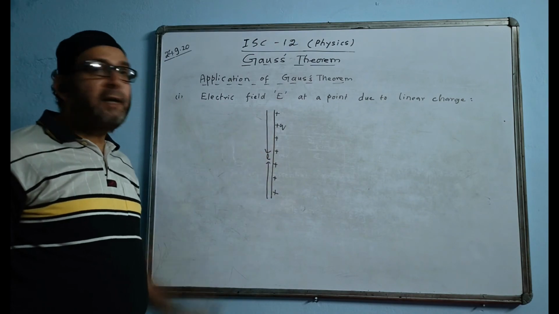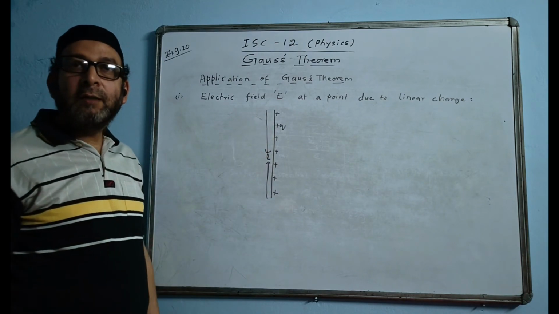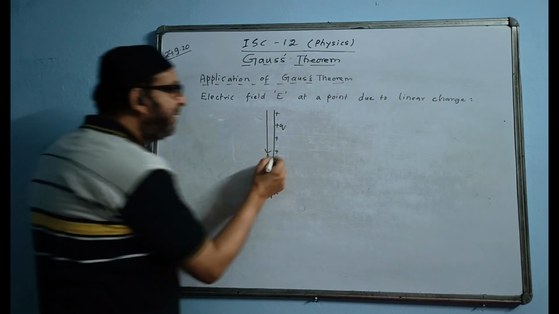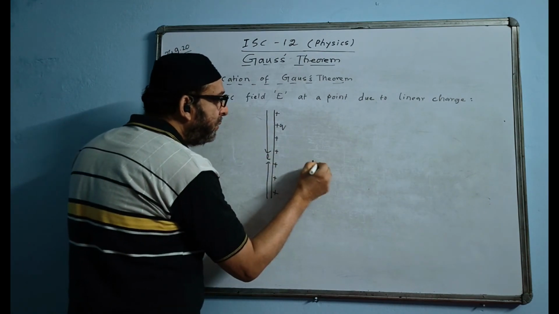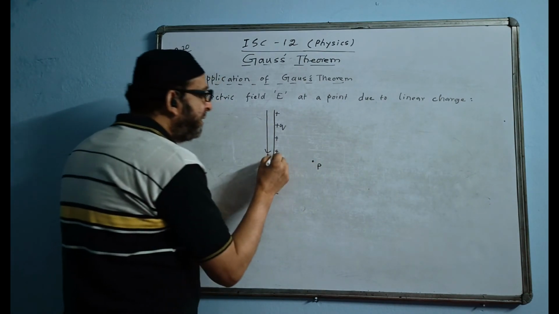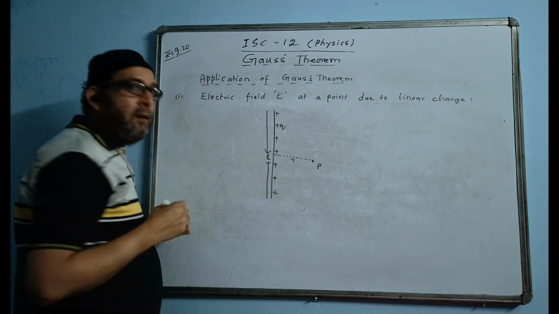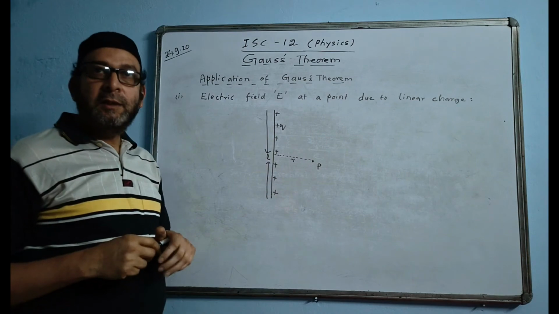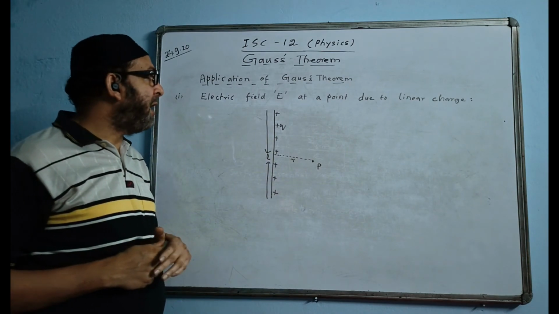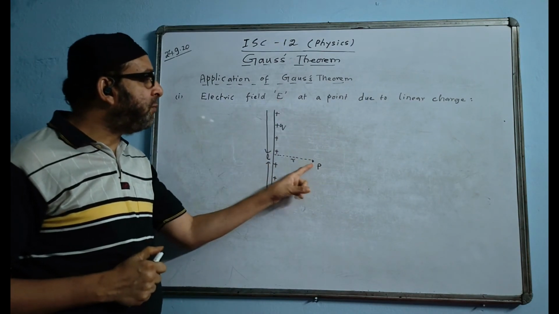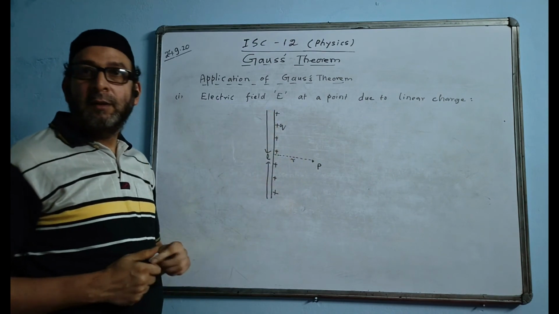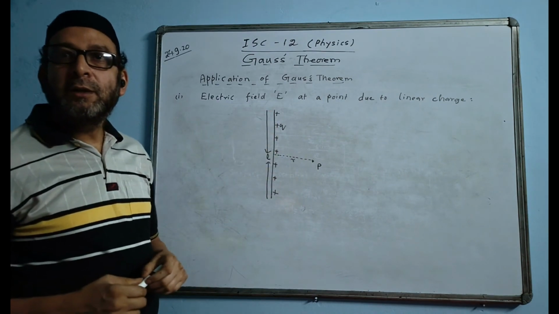So this line is a kind of cylinder. So what kind of Gaussian surface? And you are finding the electric field at a point P. Let us take the point P over here. The distance of the point P from the line is R, and we are interested in calculating the electric field E at this point due to this linear charge.